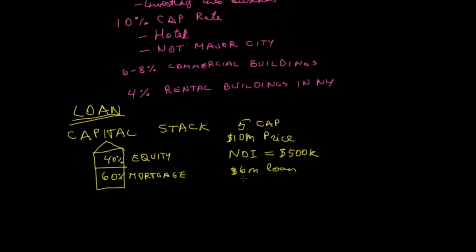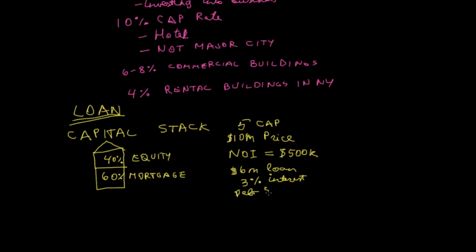So now if you were to borrow money and you borrow 60%, you'd get a $6 million loan. And let's say the interest rate on that loan is 3%. It's a super safe multi-family building and you're only borrowing 60%.